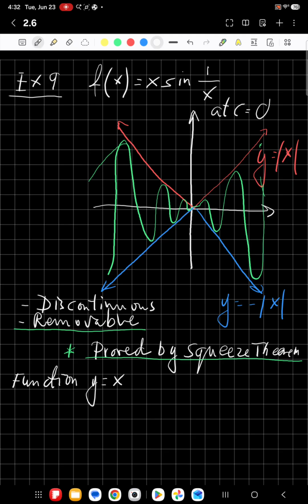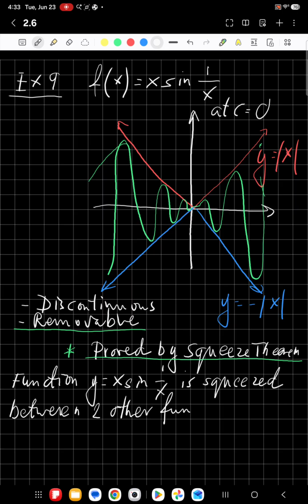y equals x sine of 1 over x is squeezed between two other functions. Their limit is the same, is 0.